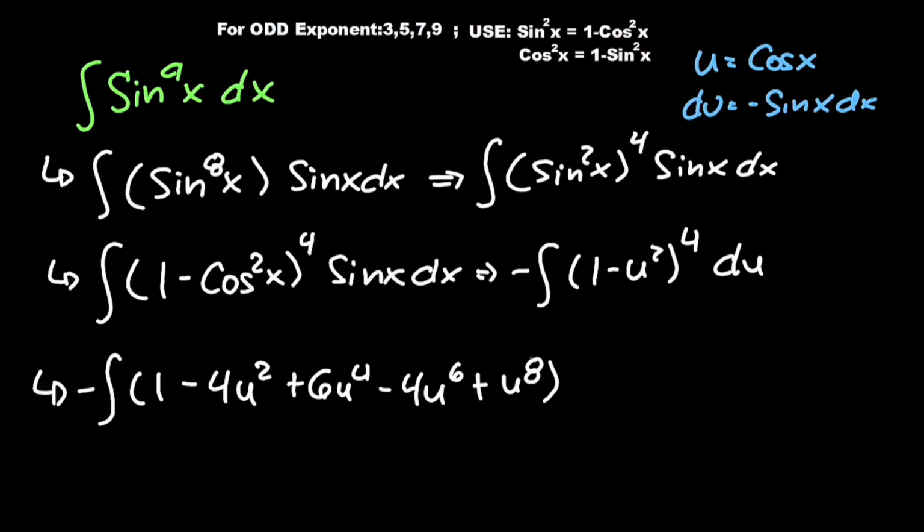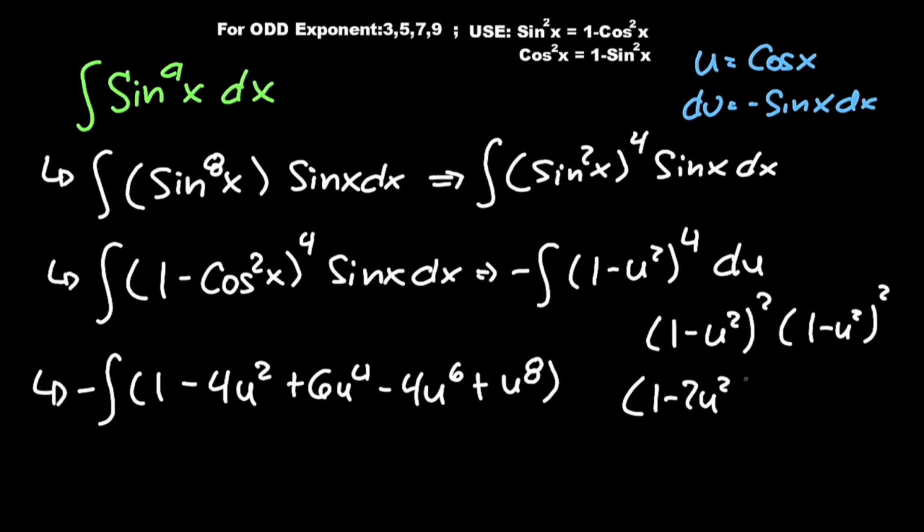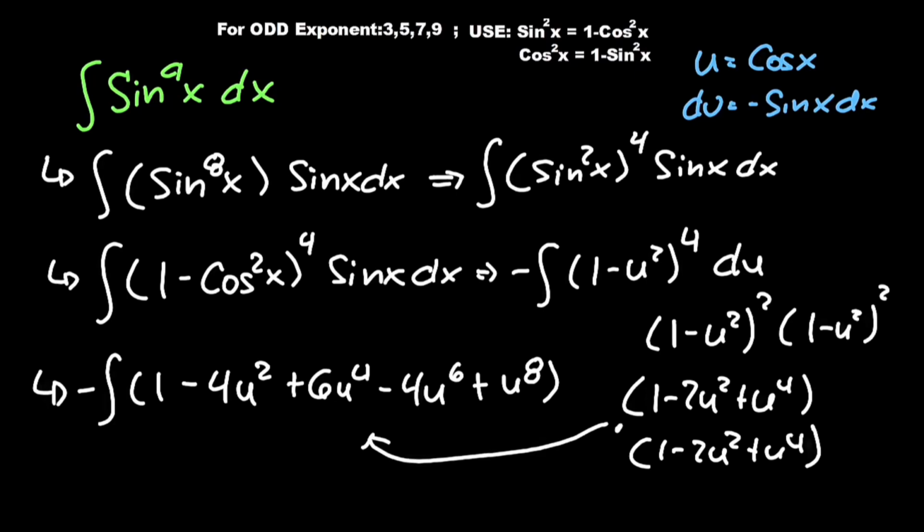Just in case you don't know how to expand this, just multiply 1 minus u squared to the power of 2 together, which would be 1 minus 2u squared plus u to the power 4. And multiply this by 1 minus 2u squared plus u to the power 4. By multiplying this together, you should have this answer.